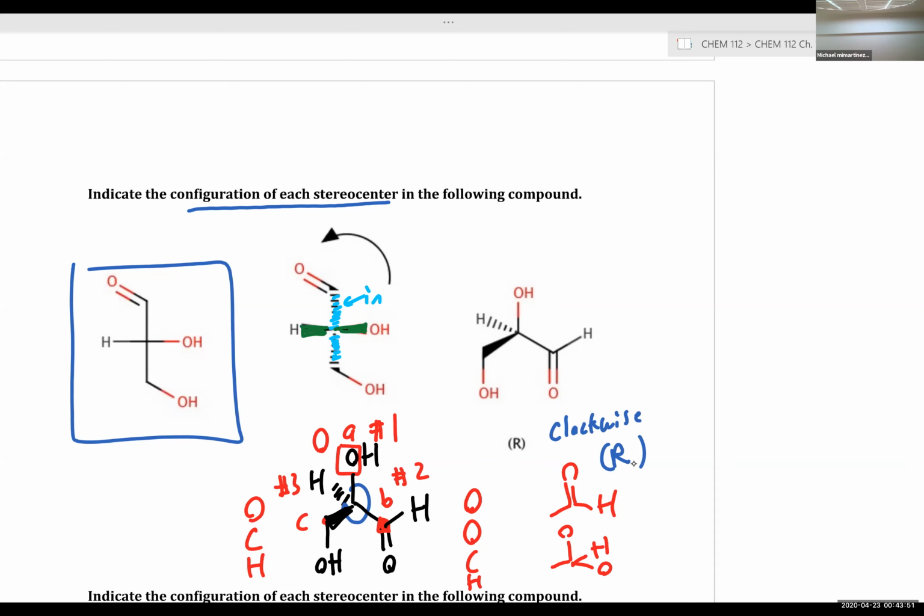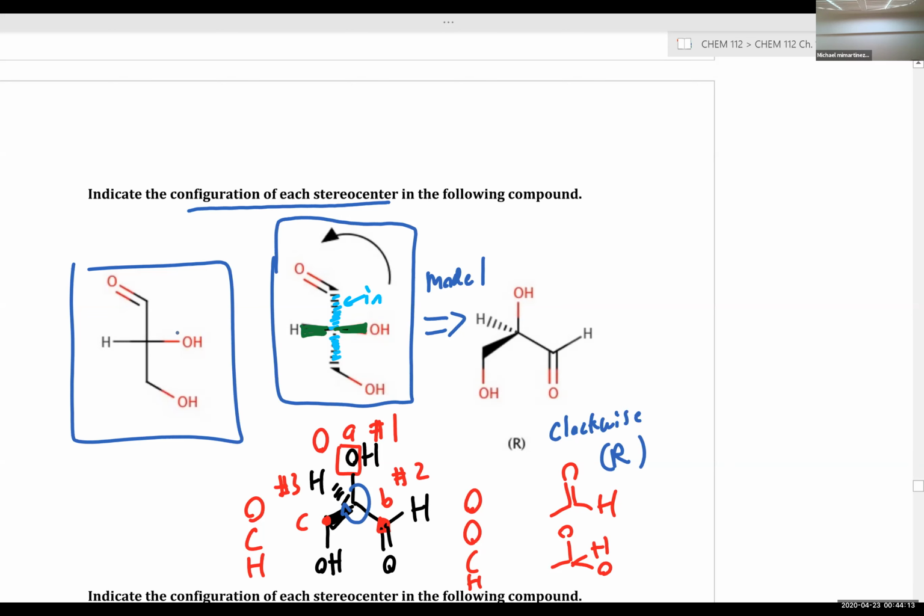Does this look familiar? The only thing that's new is going from this dash wedge Fischer projection using your model to put the hydrogen in the back. Once you have the lowest priority group in the back, it's exactly the same as always.